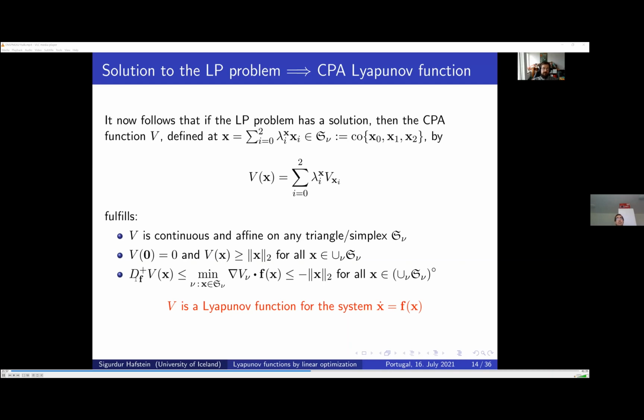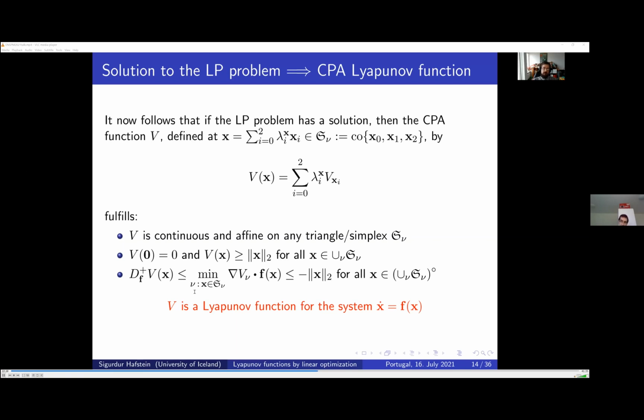So if you take this derivative of V, then it will be less than or equal to the minimum, taken over all ν such that x is in the triangle S_ν, and this will be less than or equal to minus the norm of x.